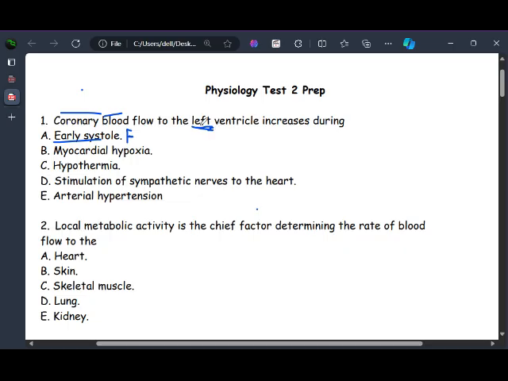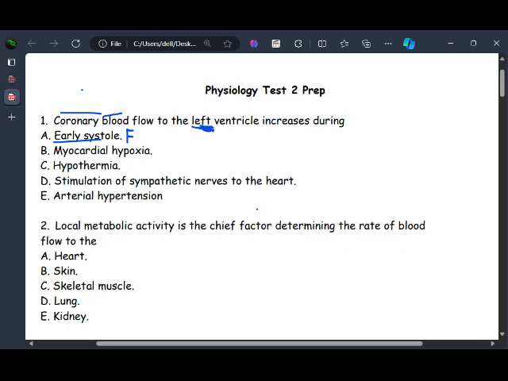For the left ventricle, blood has to go through a series of vessels that is better described in anatomy. But here, our focus is what happens to those coronary blood vessels during early systole. Early systole is just the period at the onset of contraction. Systole is contraction. Usually when we just say systole, it refers to ventricular contraction.